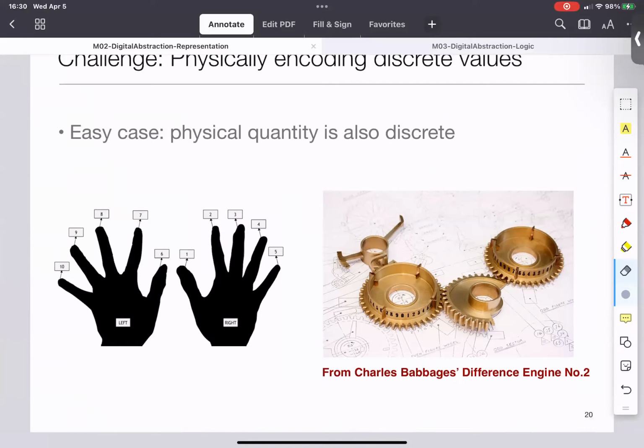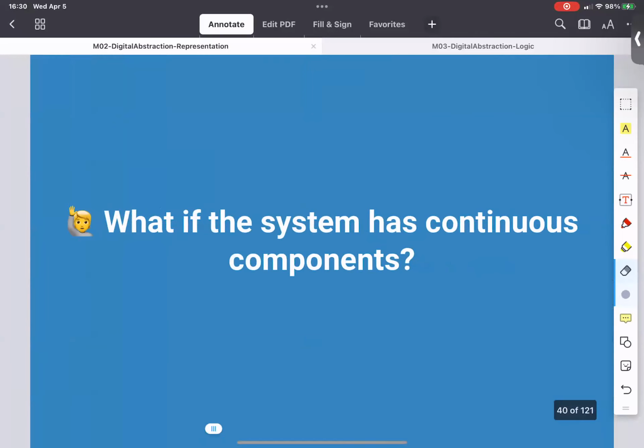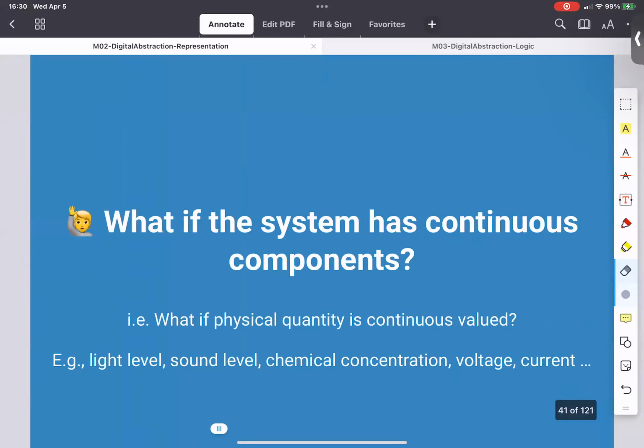That's an example where the underlying physical computer is intrinsically discrete, but that's not always the case, and electronics are not like that. If I'm working with electrical systems, we deal with voltages and currents, and voltages and currents are continuous. So I need to find some strategy of representing zeros and ones using these continuous values.